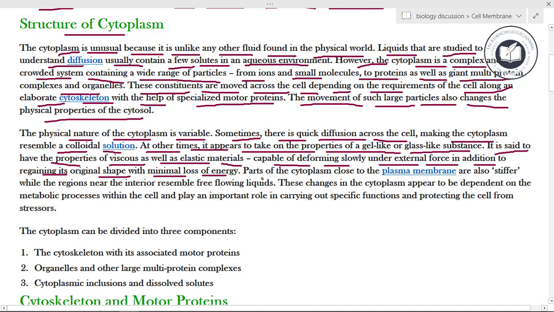Parts of the cytoplasm close to the plasma membrane are stiffer, while the regions near the interior resemble free flowing liquids.